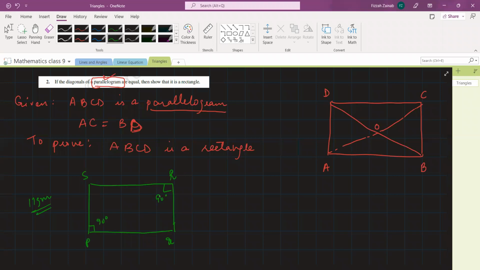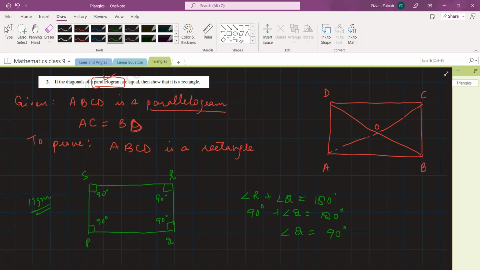Now we know again in a parallelogram that any two consecutive angles are supplementary, right? That means angle R plus angle Q is going to be 180-degree. This is already 90. This is 180. So angle Q will be 180 minus 90, again 90. And again, the opposite angles are equal, so angle S will also be 90.